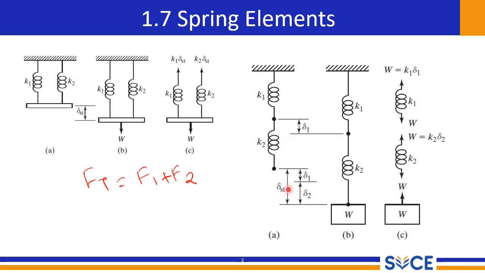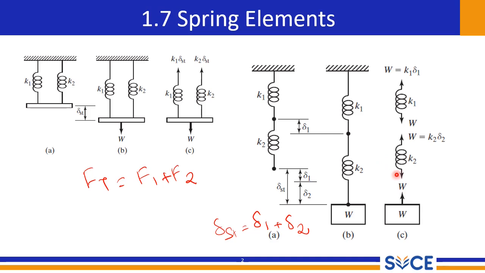If I apply a force W, the resulting individual stretches will be delta 1 for spring 1 and delta 2 for spring 2, such that the total stretch, that means the deflection, is equal to the deflection of the first spring plus the deflection of the second spring. Here the free body diagram for the springs in series clearly shows us the forces and displacement in each spring element.